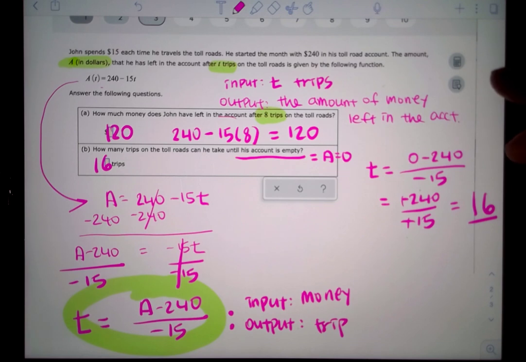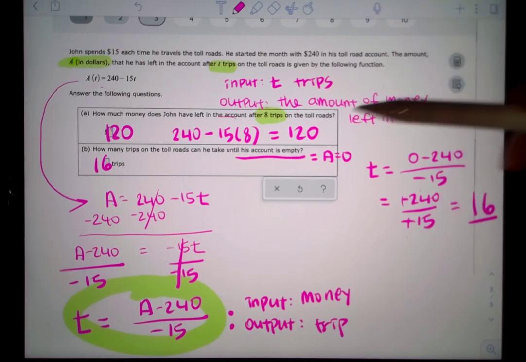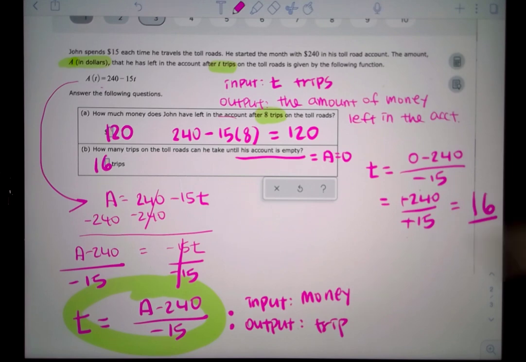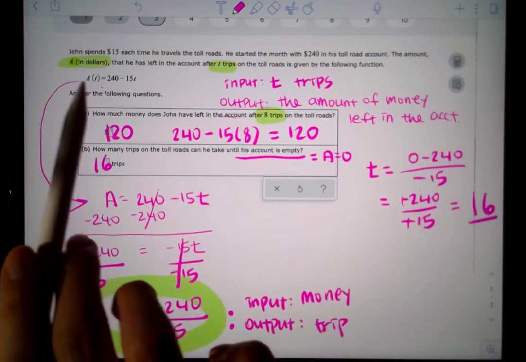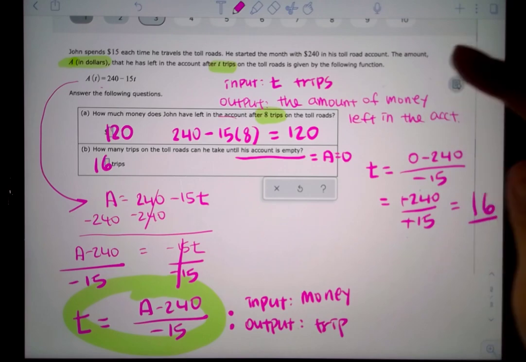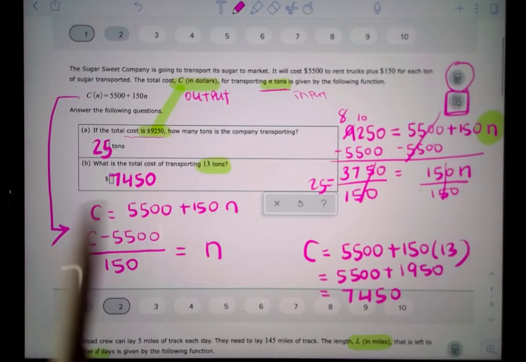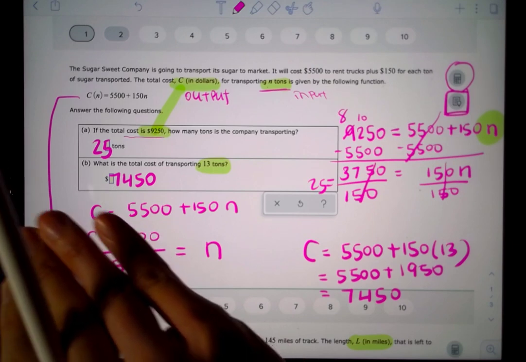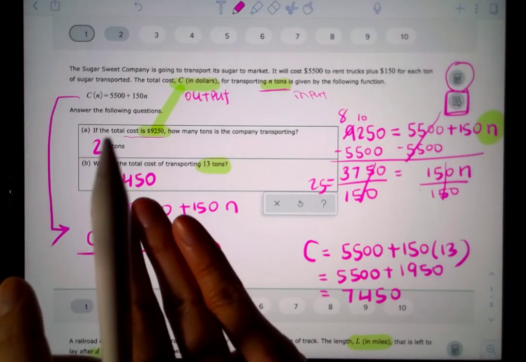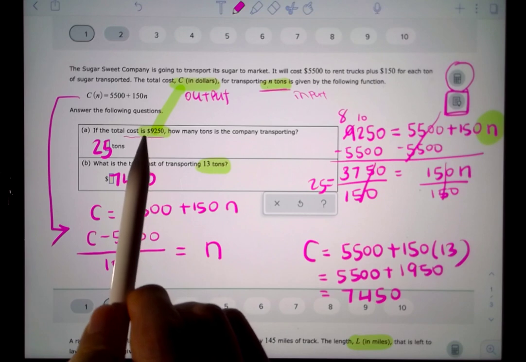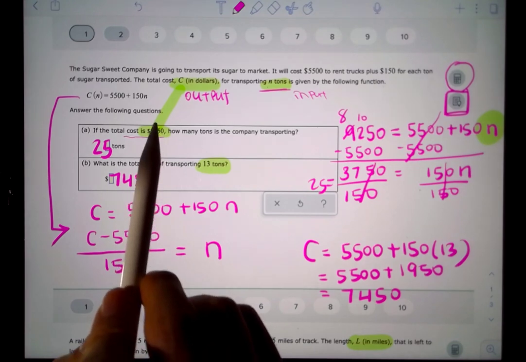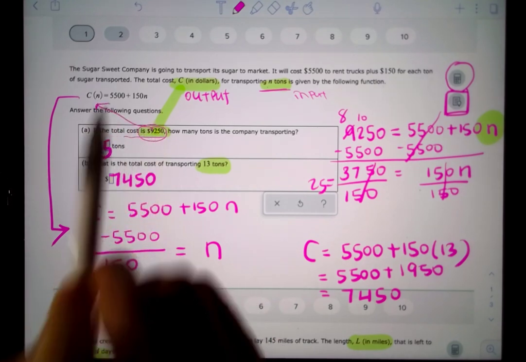Okay, so guys, it didn't ask you to find the inverse function, but if you find it, then you can use it. Think about this one, guys. What about this? So in this case, I didn't find the inverse function at the beginning, right? And then it says just cost is 9250, so we just put this number into C, right?